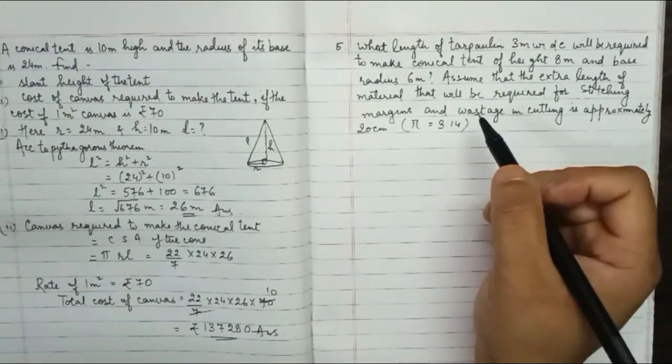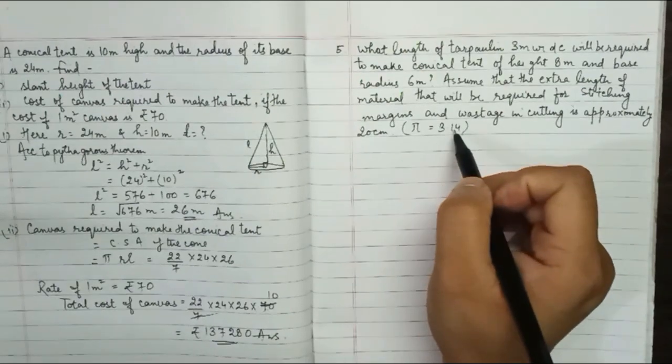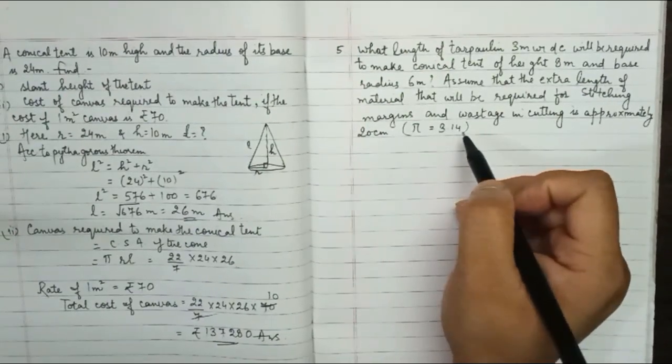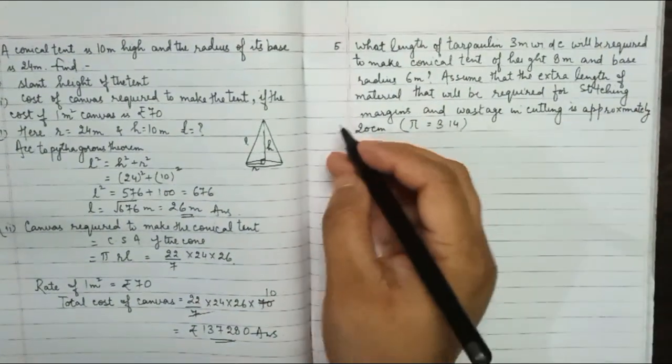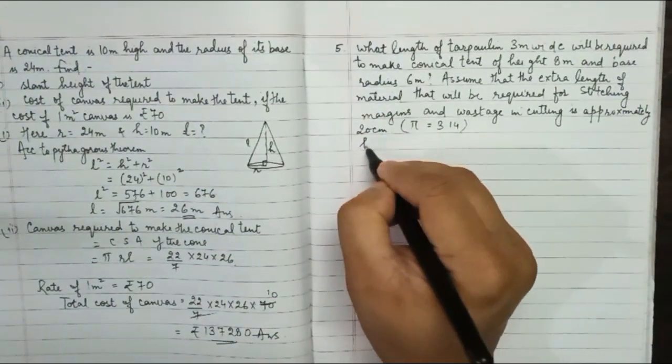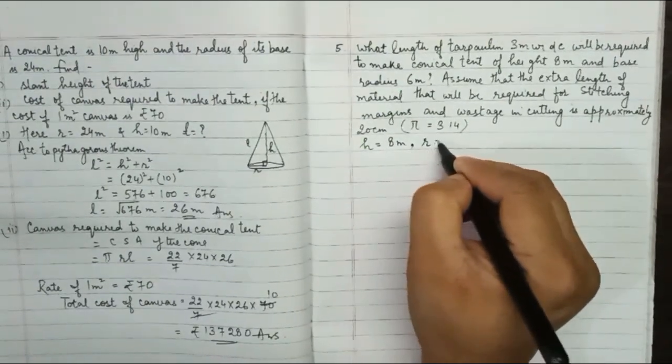If we have been given this value of pi, then we have to use that only, like here 3.14 is given. If it is not given, then we use 22/7. Now height of the cone is given 8 meter and radius is given 6 meter.